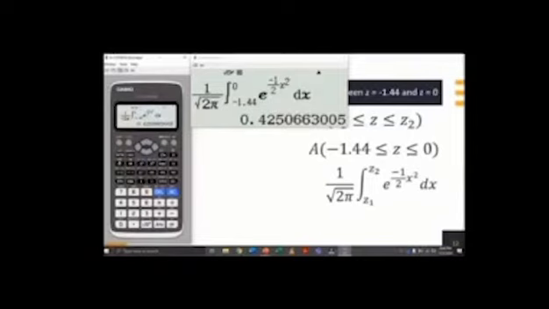Yung Z1 ay napalitan na ng minus 1.44, and yung Z2 napalitan ng 0. Tapos equal na yan, ilalabas sa 0.421.